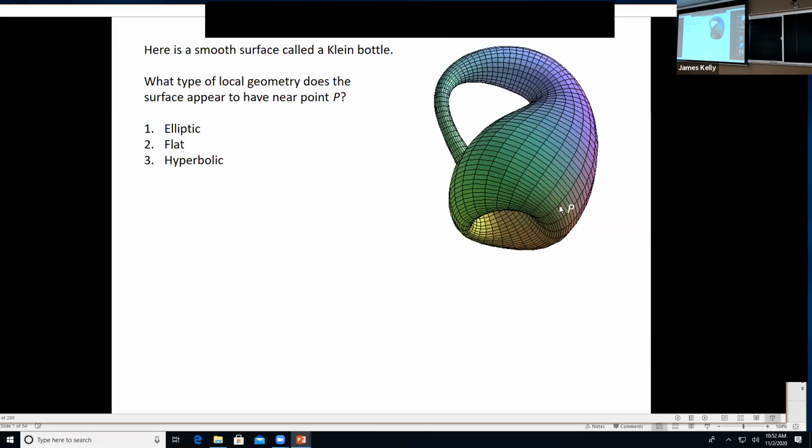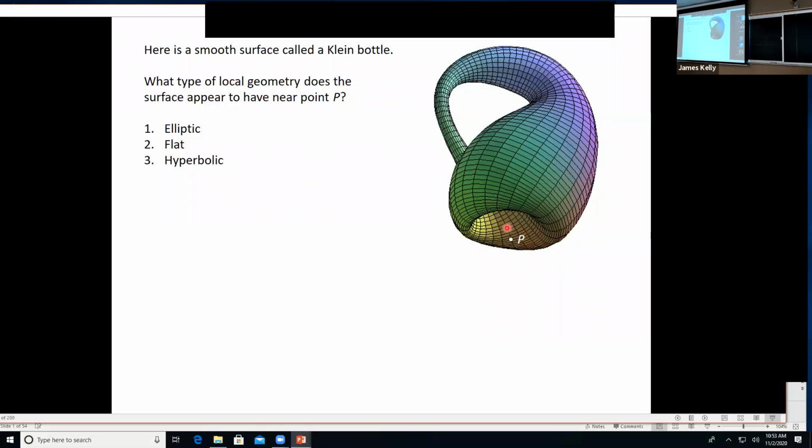It might be getting a little bit confusing over there, but I was thinking of it as still being an elliptic kind of geometry. Whereas at this point, where we're just on the inside of that edge, we've come around the edge and we're heading into the inside of the bottle. As I move in this direction, in the sense of my slide, I'm going from down to up in the direction of the slide.